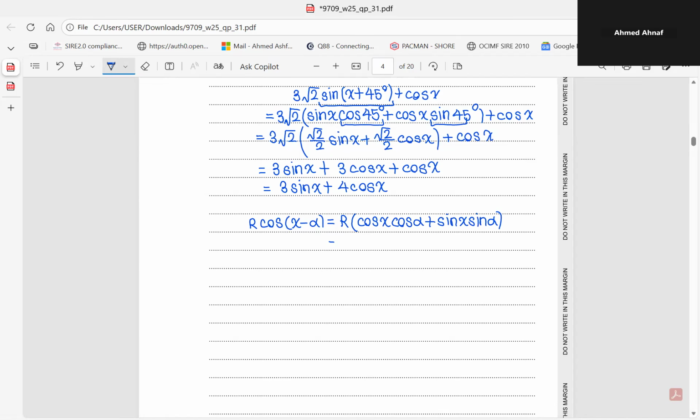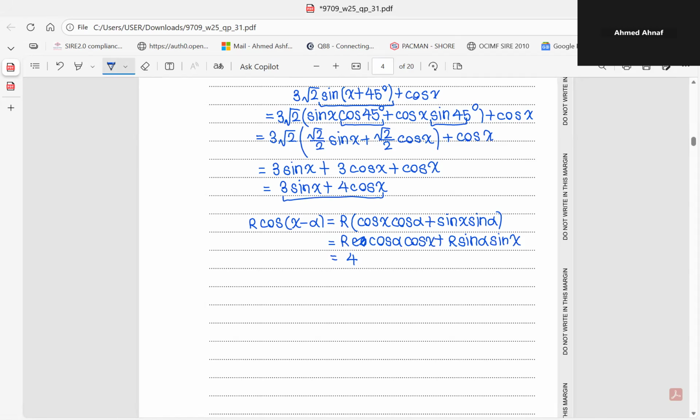And expanding, you would just get R. I'm going to keep the cosine x on the very end. So R cosine alpha cosine x plus R sine alpha sine x. And we can equate it to our expression here.